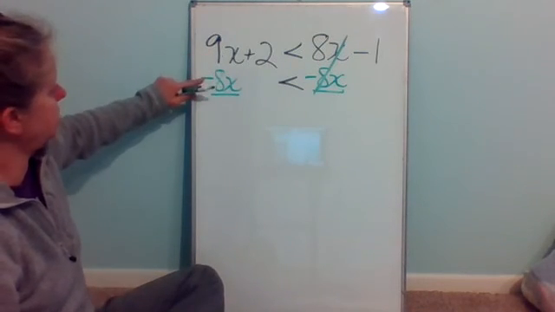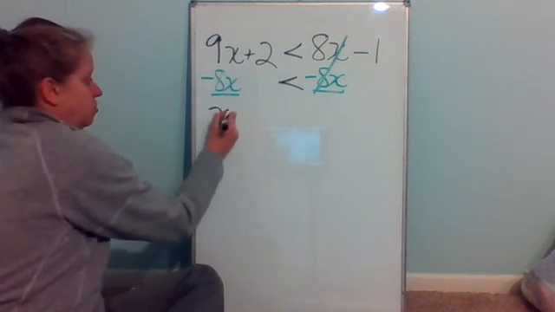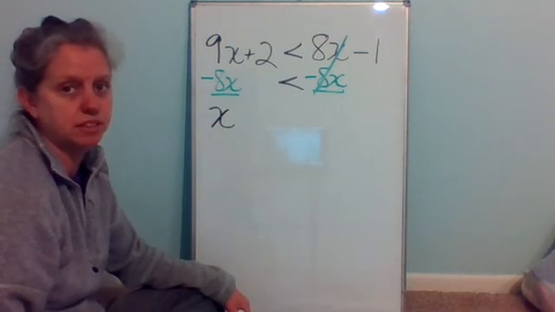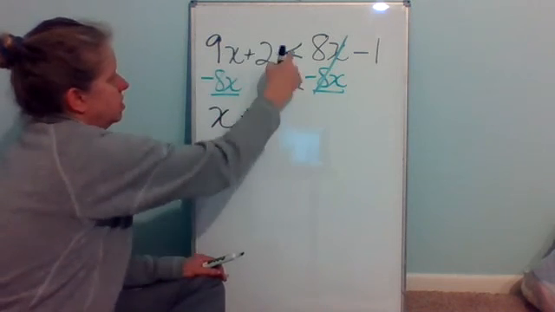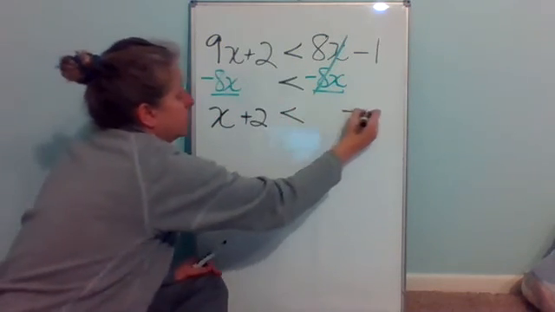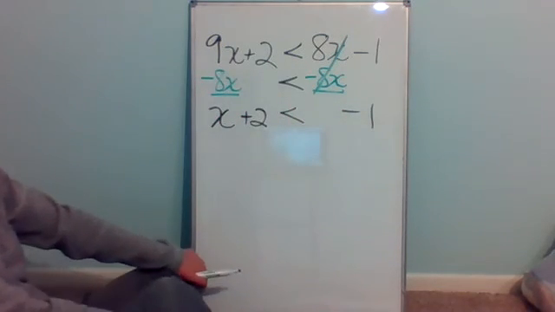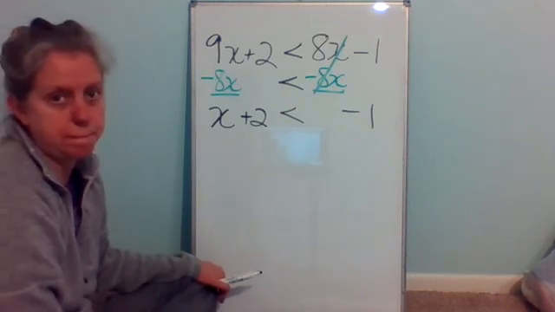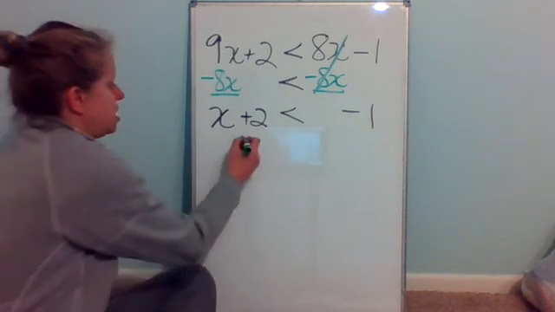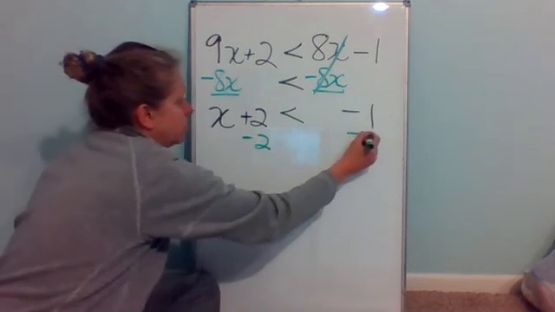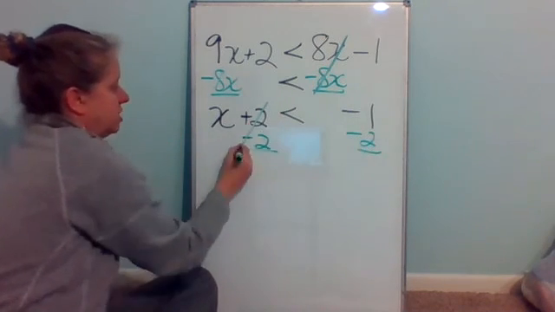So over here I have 9x minus 8x, which is just 1x. Bring down my plus 2. Bring down my less than symbol. There's my negative 1 over there. So if I'm getting x by itself, I just need to get rid of that plus 2 with a minus 2 on both sides.